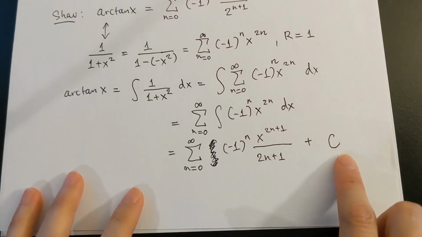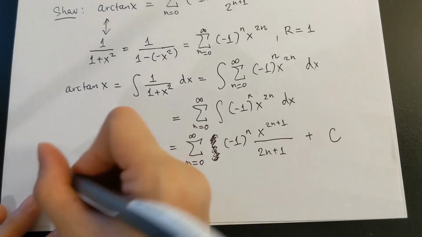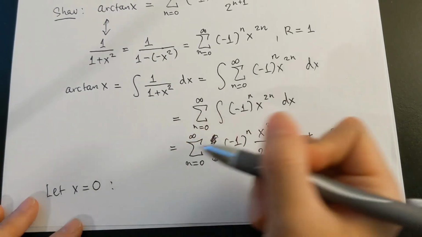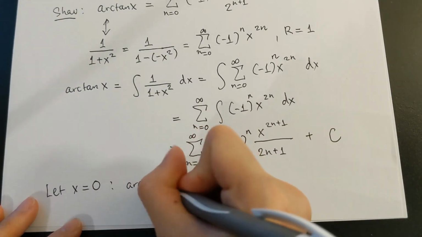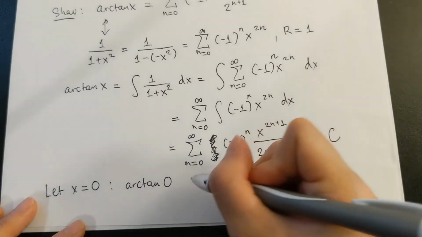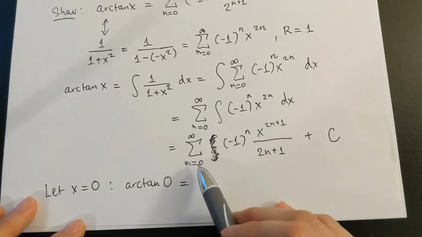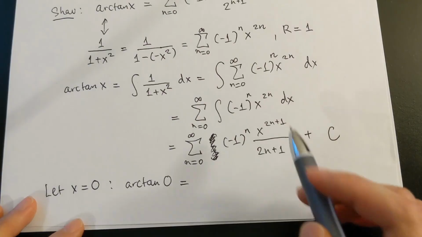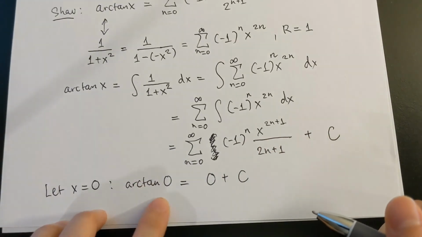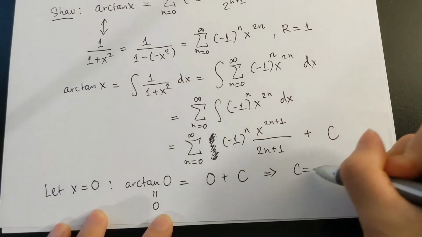Now we need to determine what this c is. So let's plug in x equals 0. If you recall, arctan of 0 is 0. And on this side, if I plug in 0, I have a sum of 0. So I have 0 equal to 0 plus c, so c is equal to 0.